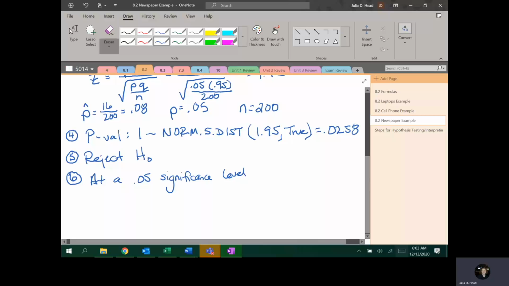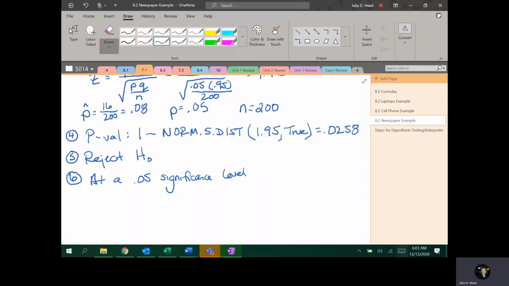That's the one thing that you need to include that doesn't make sense to the typical person, but it should be there. Just like when we were interpreting confidence intervals, you would say we are 90% confident. You had to state that confidence level. So we have to state the significance level.